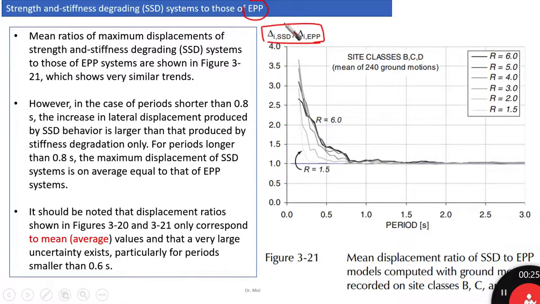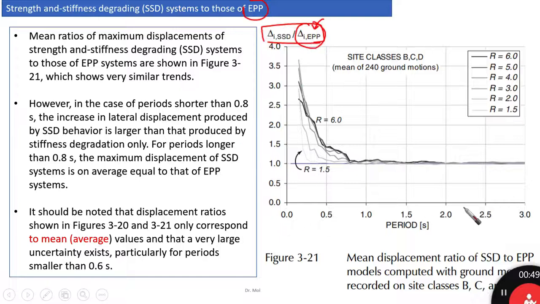It is the ratio between the maximum response obtained from a single degree of freedom system using a strength and stiffness degradation model, and the maximum response from the same single degree of freedom system using the elastic perfectly plastic hysteretic rule.